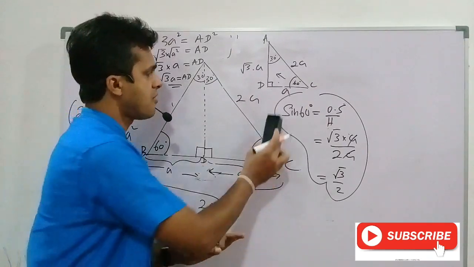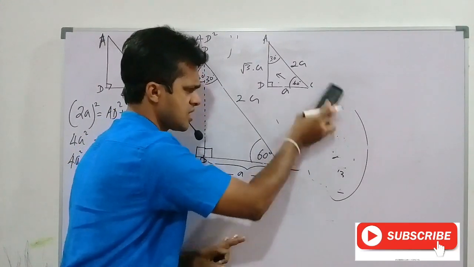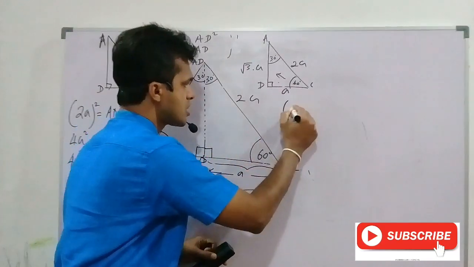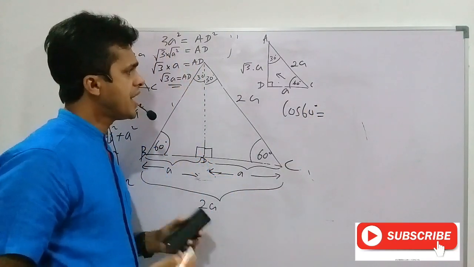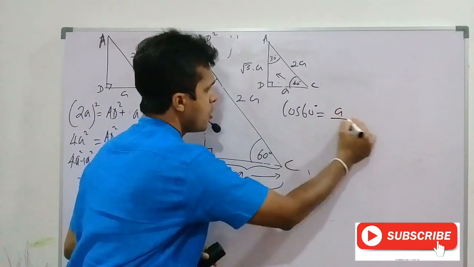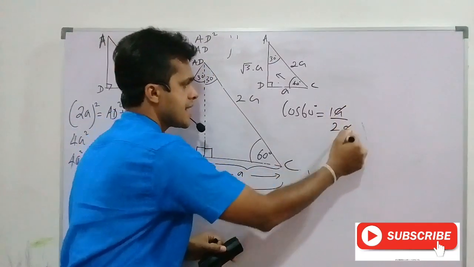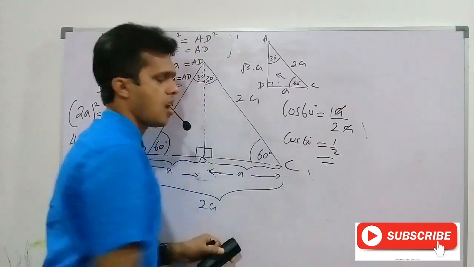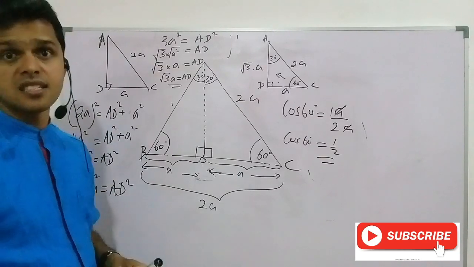Cos 60. Let's find the value of cos 60. Cos 60 equals AS over H. Here is BC. So a over 2a, 1a over 2a. a and a can be simplified. So cos 60 equals half. Let's find tan 30.